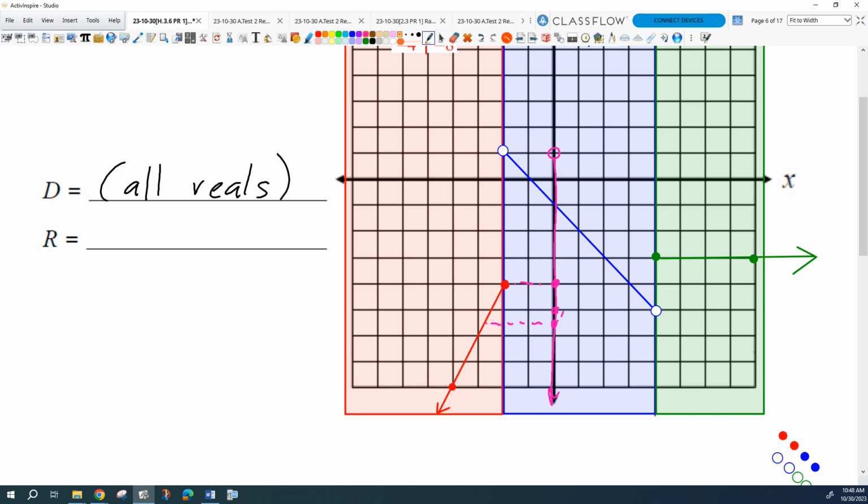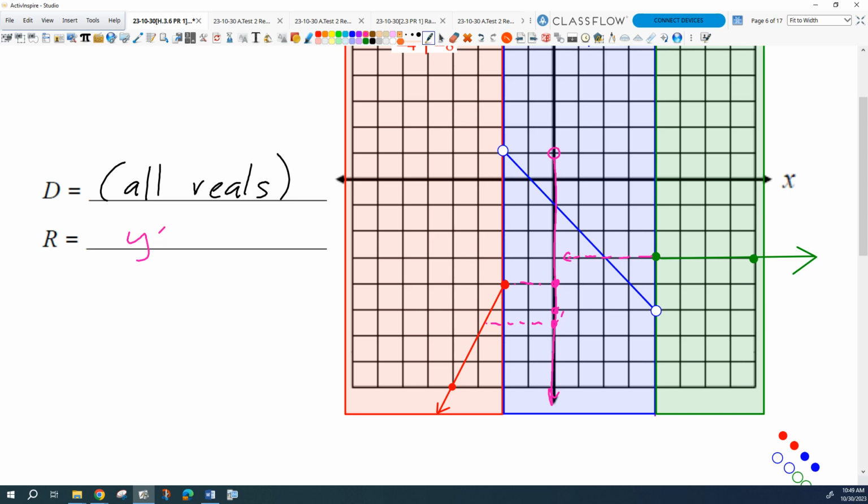So it's just going to add all the y values that are greater than -4 and less than 1. And then the green piece, if I project that, well, that's already a point that's in the range also, so it doesn't really contribute anything new. Okay, make sense?